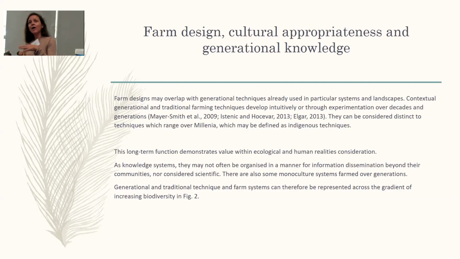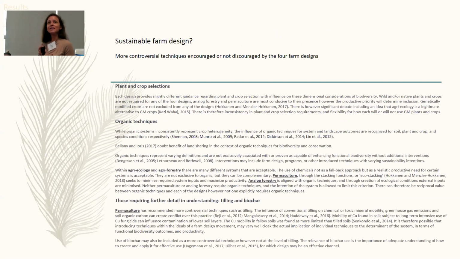They can overlap, and some of this can actually develop intuitively or through experimentation. It can be their own type of science, so it does need to be respected. I think I've covered that okay, and it's a very important point.